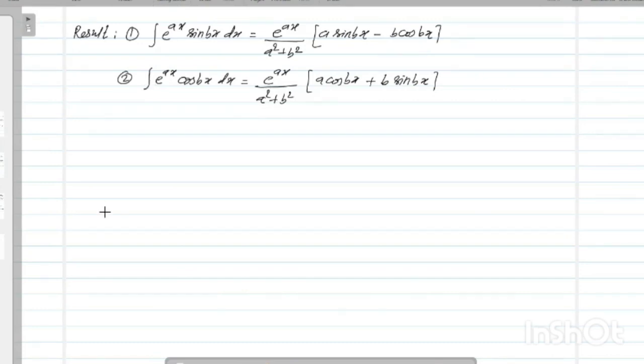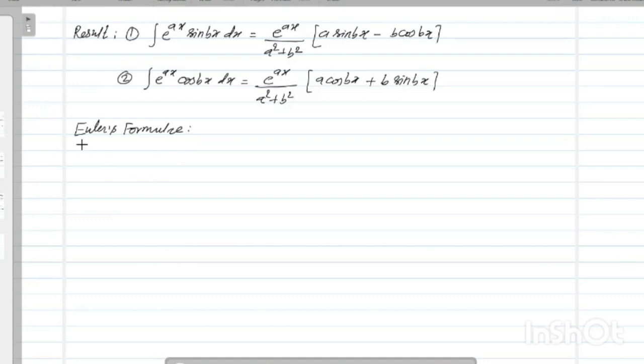Euler's formula. Okay, so Euler's formula can be used to find out the Fourier coefficients.